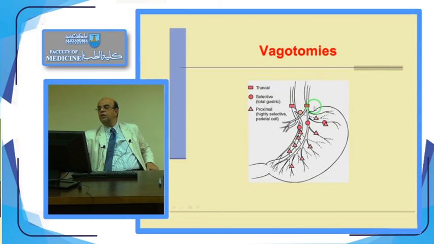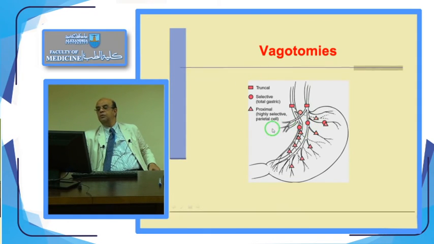This is the truncal vagotomy. We cut the main vagal trunk, and so the celiac branches and the hepatic branches were cut, and sometimes the patients may suffer from diarrhea, bloating, and distension. This is why it was thought that if we cut after these branches, the celiac and the hepatic branches go out from the vagus trunk, this will diminish this, but this is no more done.